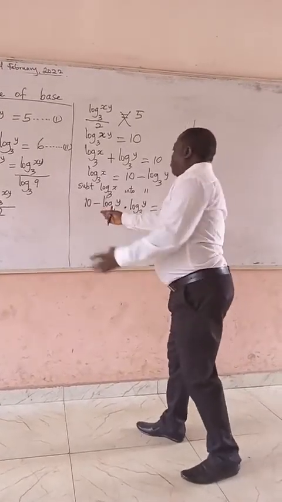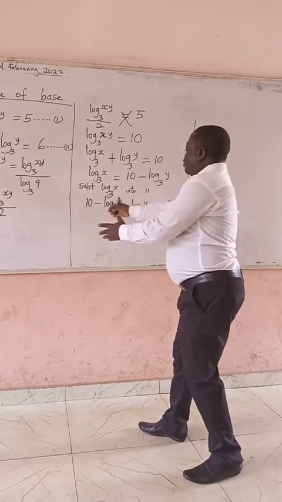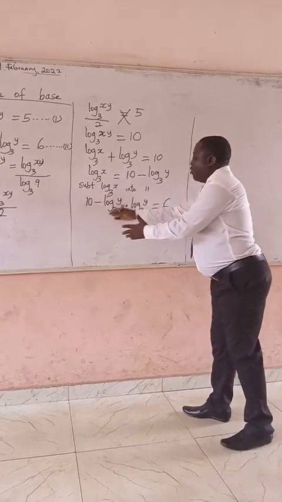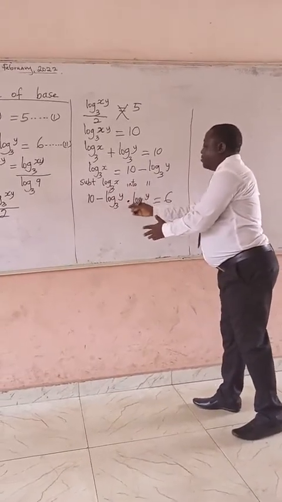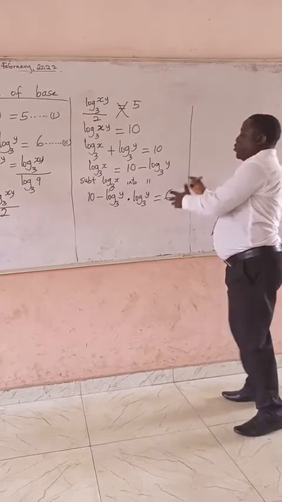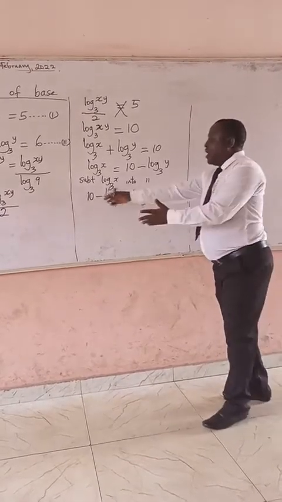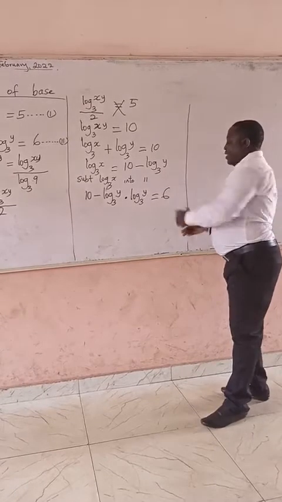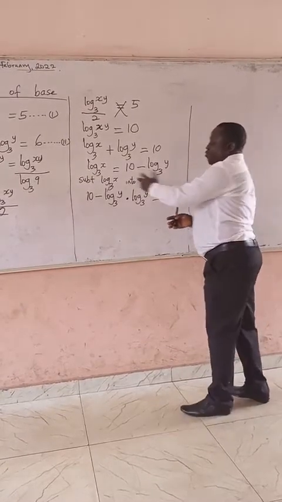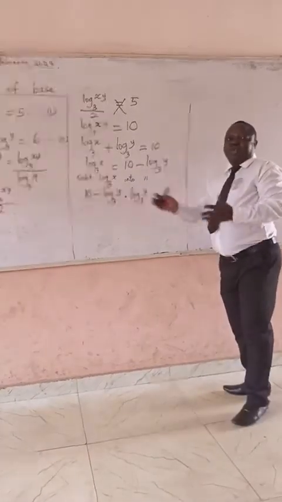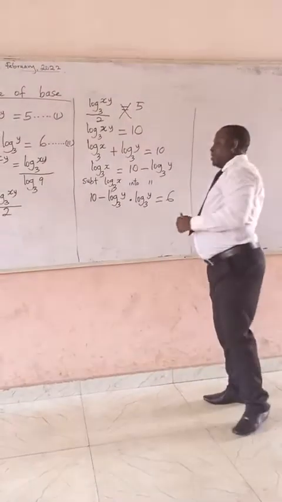Then I want to make sure I transfer minus logarithm of y in base 3 times logarithm of y in base 3 to this side so as to cancel this negative. Then I will transfer this 6 to 10. So what I've done is collection of like terms.